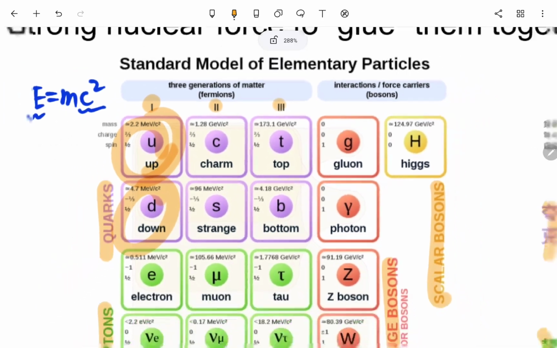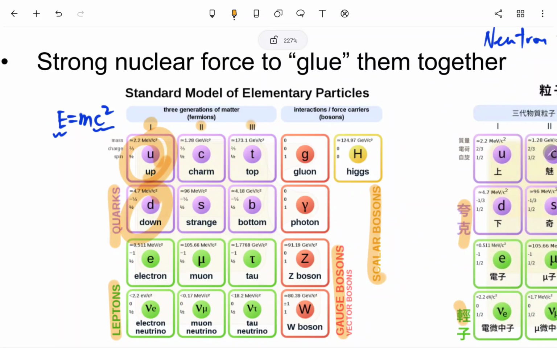Even if we have this whole table, we cannot explain all the mass and energy inside the universe. If you have ever heard of dark matter and dark energy, all these elementary particles represent less than 10%, maybe about 5% of the observed mass in the universe.